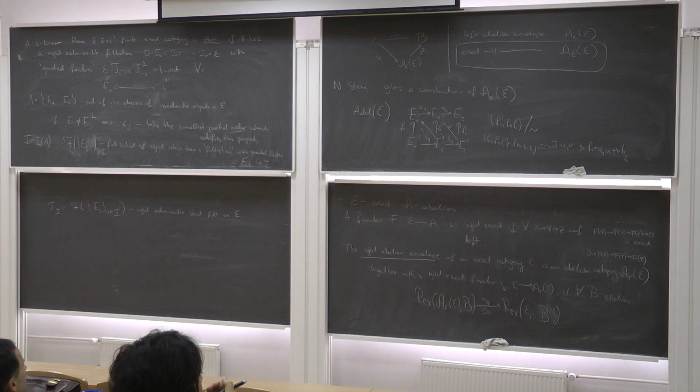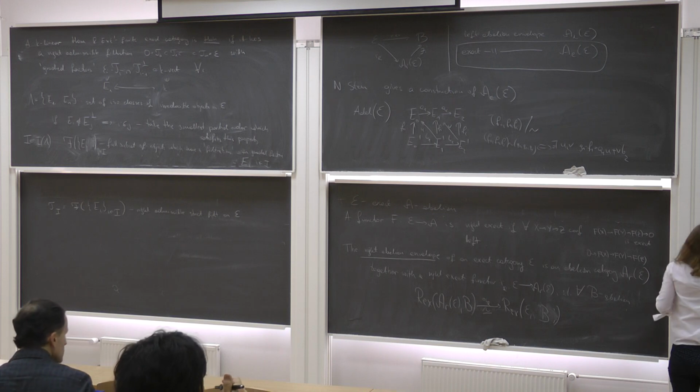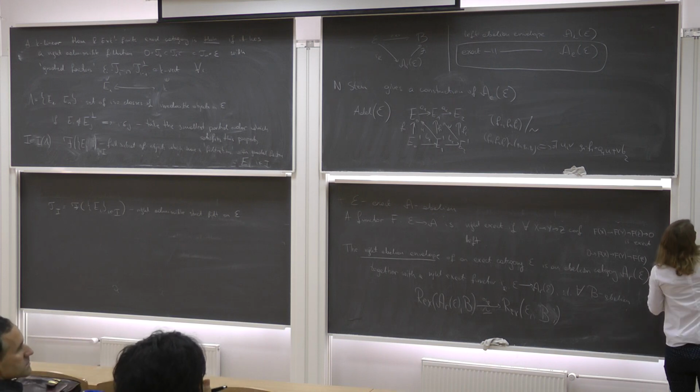The theorem of Kashiwara-Shapira says that if you have a subcategory of an abelian category which is closed under extensions and under kernels of epimorphisms, and if any object is a quotient of an object of the exact category, then it will be an envelope.